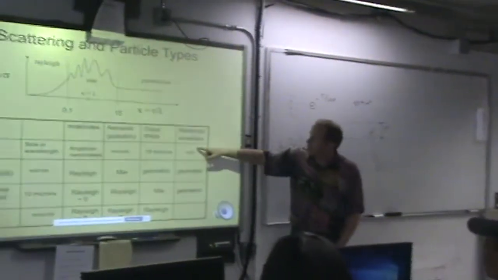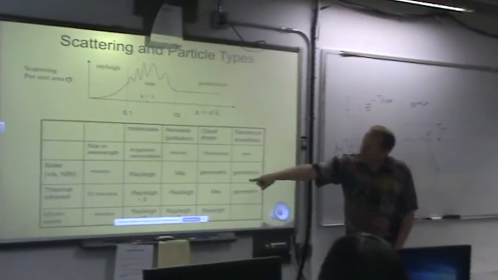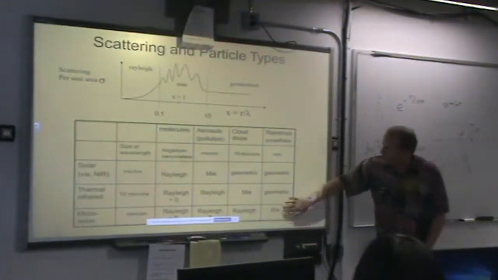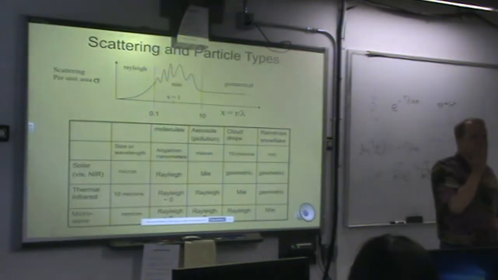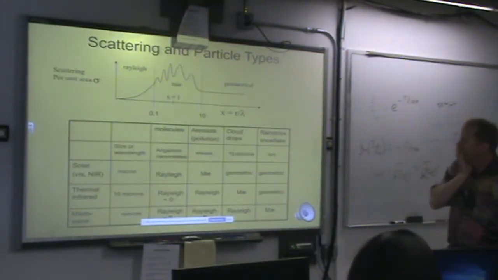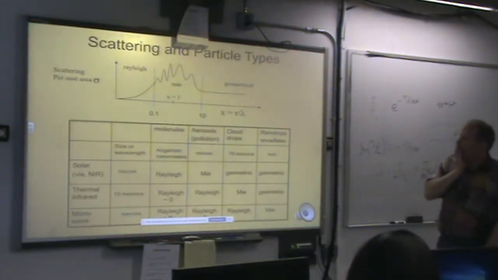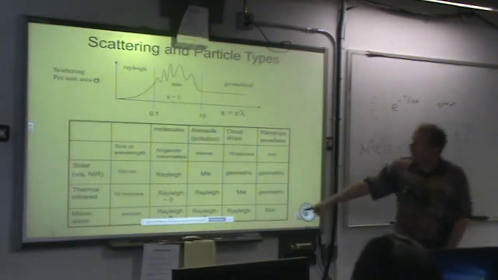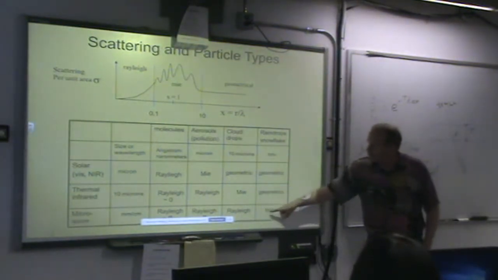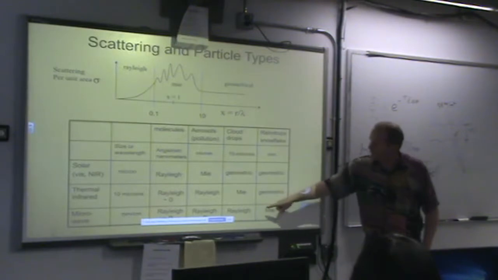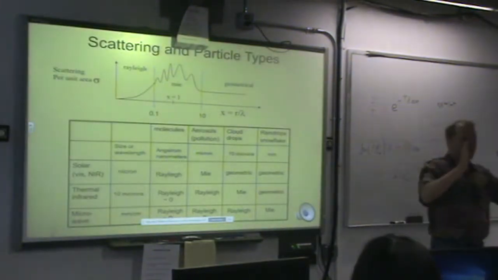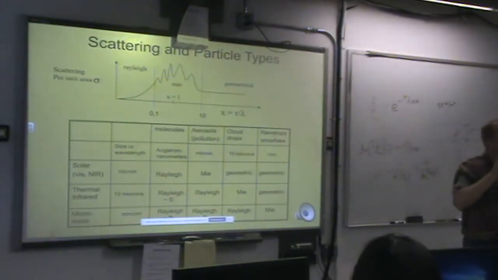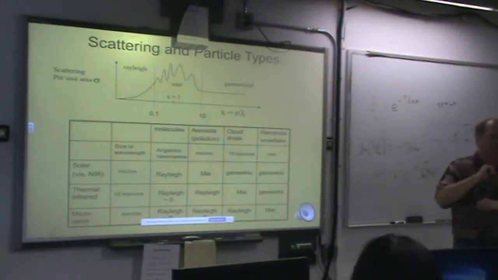Except raindrops and snowflakes, you have millimeters versus millimeters. That's going to be kind of in the Mie regime. Sometimes, depending on the wavelength, it can go between Mie and Rayleigh. Actually, when we do radar looking at raindrops, we use longer wavelengths, centimeter-long wavelengths, so that we're talking about Rayleigh scattering.